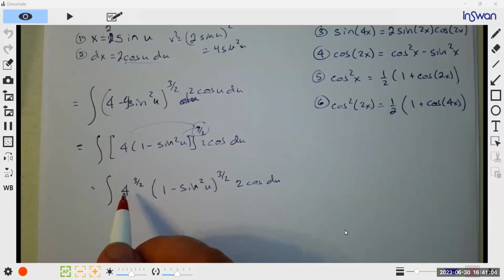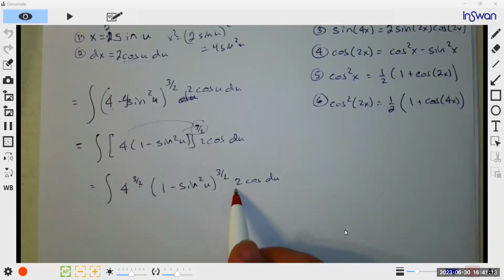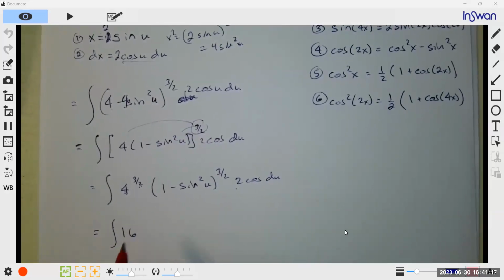So here we have 4, the square root of 4 is 2. 2 cubed is 8 times 2 is 16.